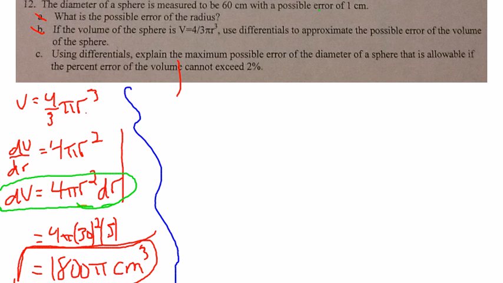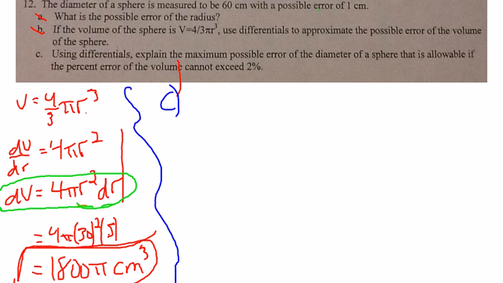So I'll label it correctly here. This is part C. Alright, so this says using differentials, find the maximum, I think that should say estimate, the maximum possible error of the diameter of a sphere that is allowable if the percent error of the volume cannot exceed 2%.